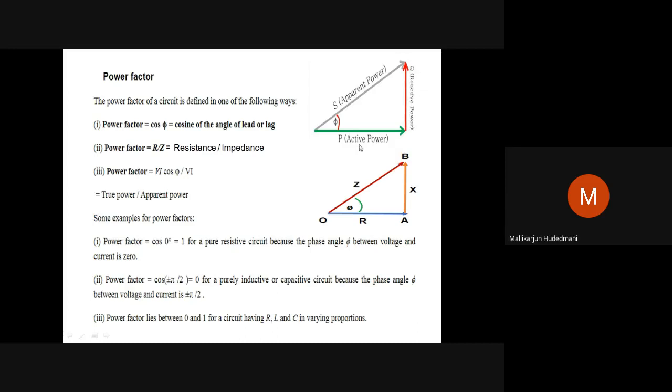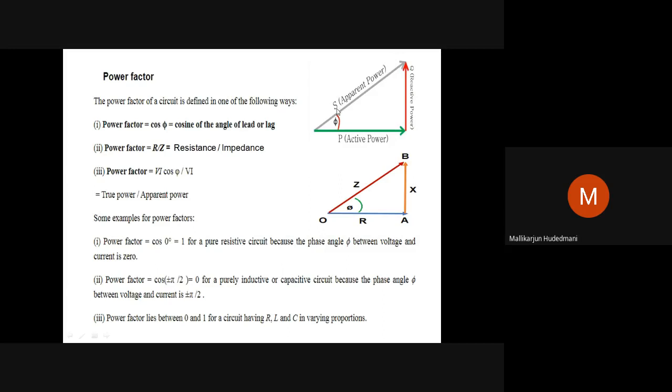When I take a vectorial addition of these two powers, that represents total power. We call it apparent power, which is made up of active power and reactive power. So we can use the triangular relationship here, using Pythagoras theorem.